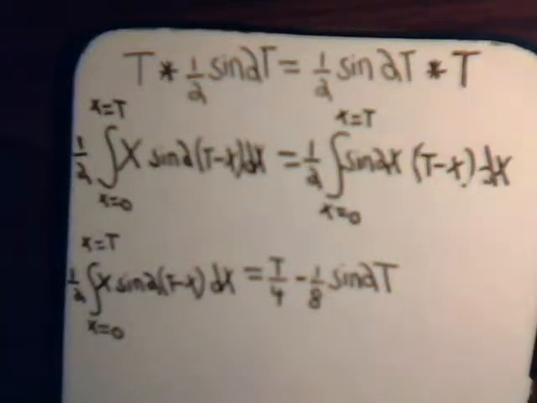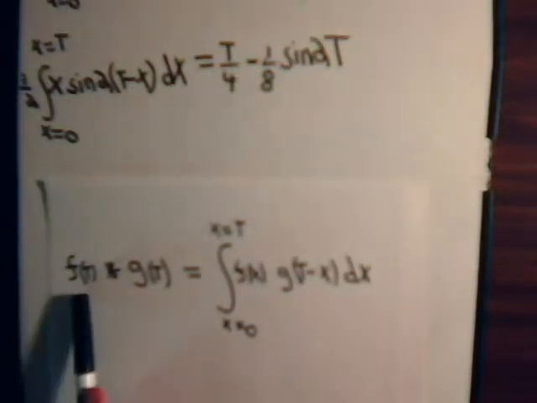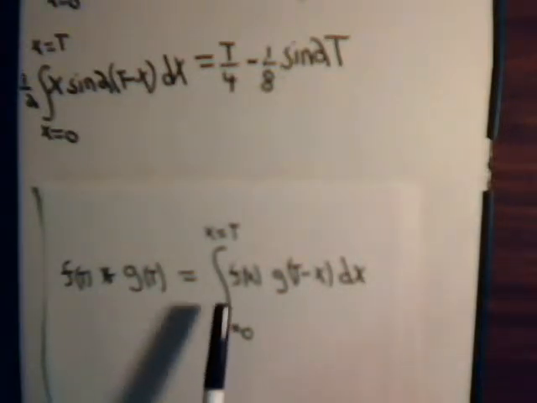In the last video, in part 1, our introduction to convolution, we began with this formula: when taking the convolution of two functions, they have to be functions of the same variable, in this case t. What that amounts to is taking an integral where they are not functions of t but become functions of x inside the integral sign.